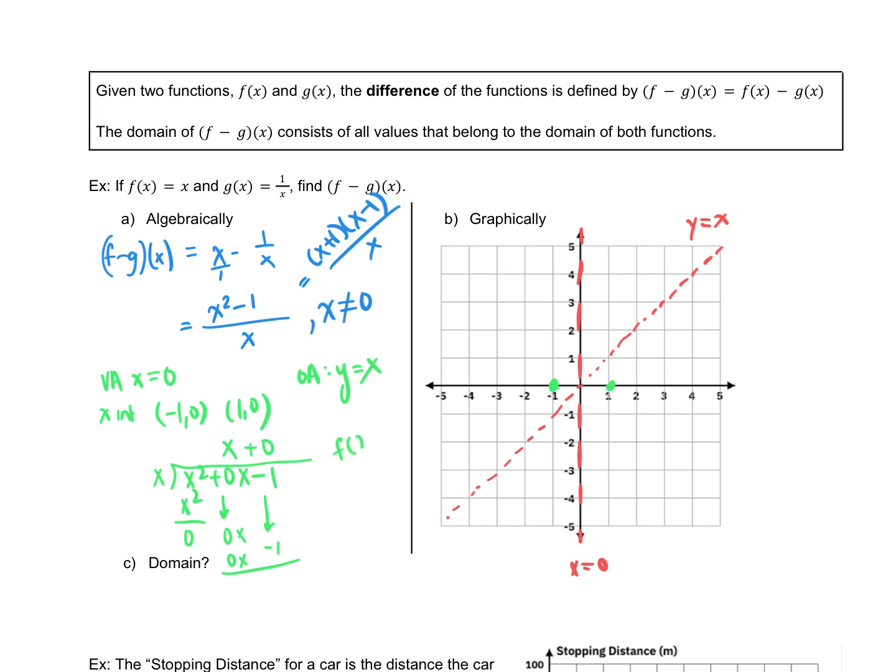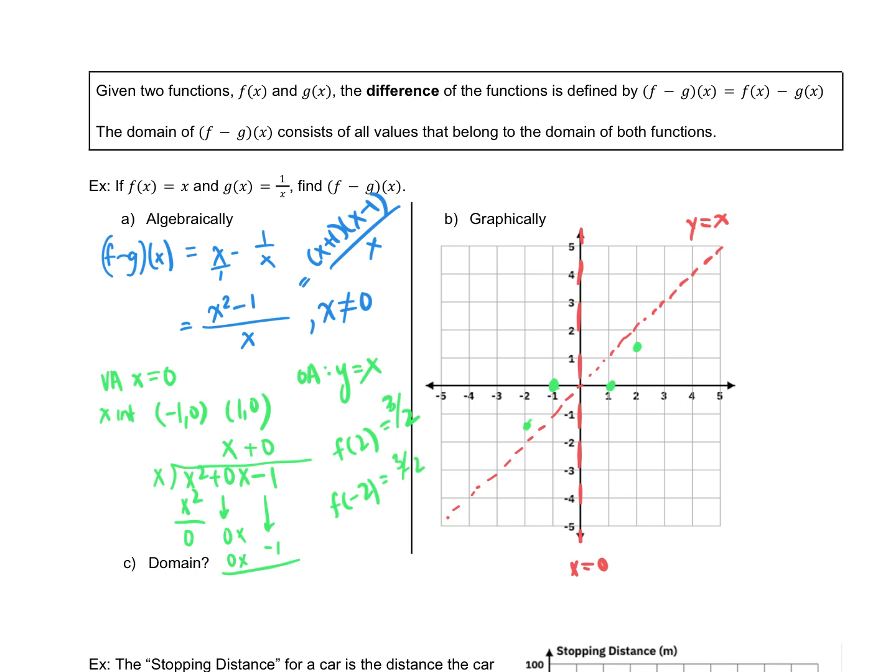So let's see. We would have 2 squared minus 1, so that's 3 over 2, so 1.5. I'll plot that. And f at -2 will be -2 squared minus 1, which is also 3, but over -2, so -1.5.